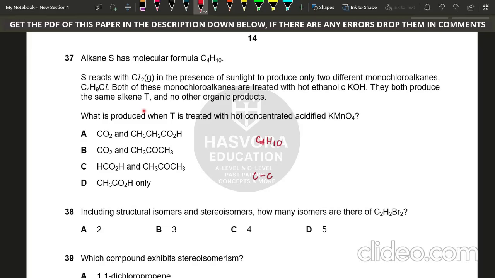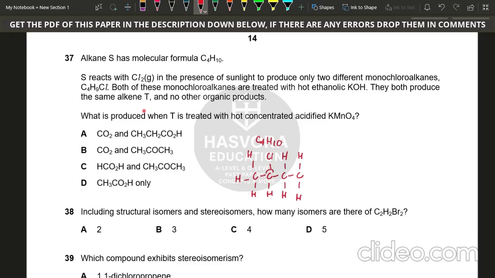So 1, 2, 3 and 4. They have said that it makes two different monochloroalkanes. Monochloro means one chlorine atom. If we have one chlorine atom here, this is one of the possibilities. Let me also show you the other possibility.